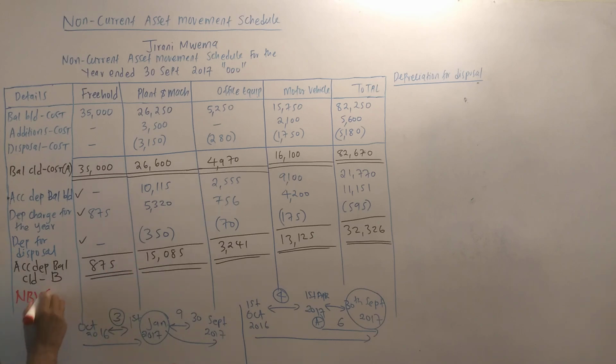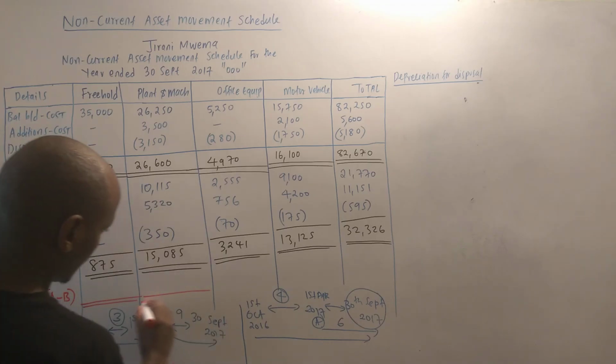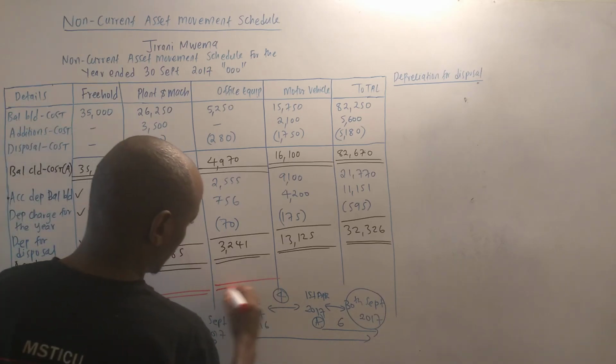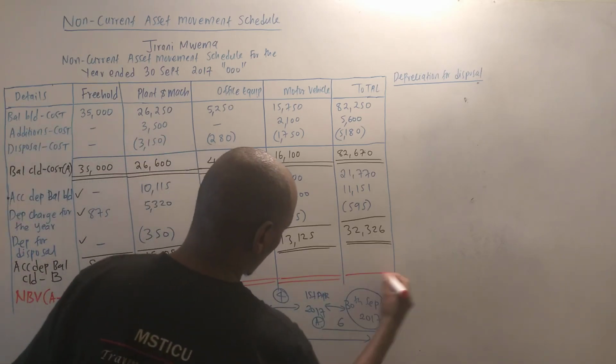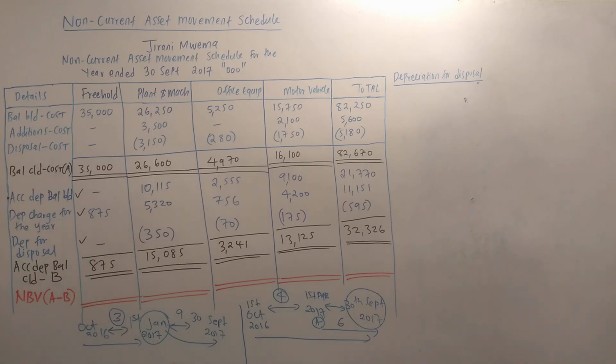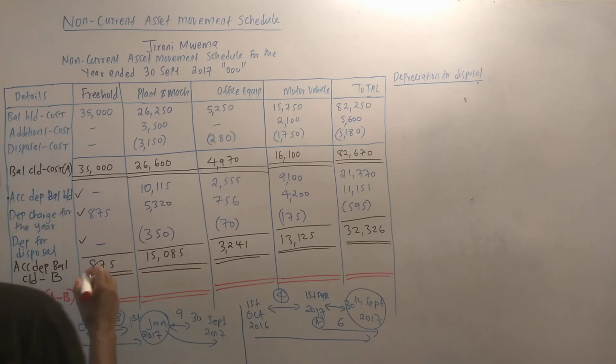So you take A minus B. I will say 35,000 minus 875, so A minus B is 34,125.